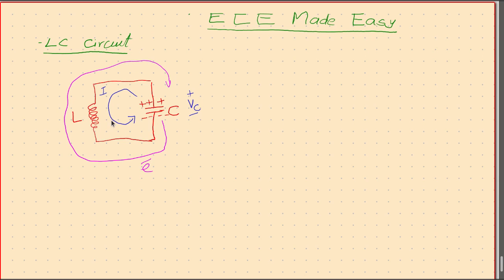This change in current is opposed by the inductor. The change in current is opposed by the inductor, and whatever change in current is there is stored in the form of back EMF, or it's getting stored in the form of magnetic field.